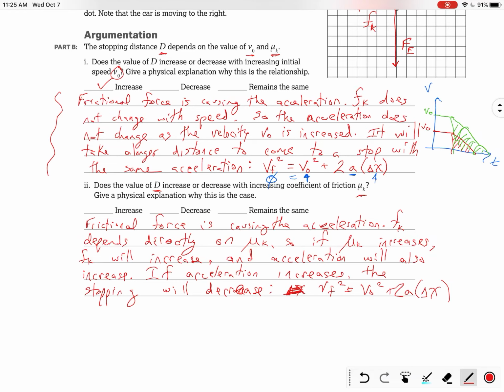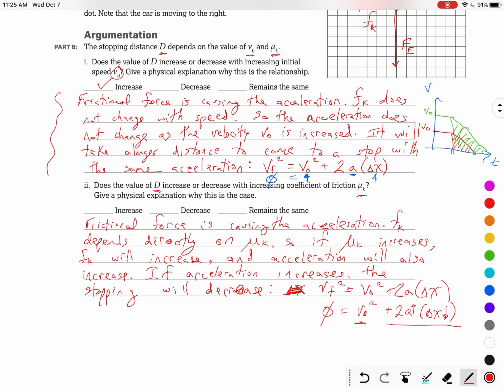So again, this starts at 0. This is a constant. It's not changing. So if the acceleration is going up, the stopping distance must go down, because we need those to always be equal to v sub 0 squared.